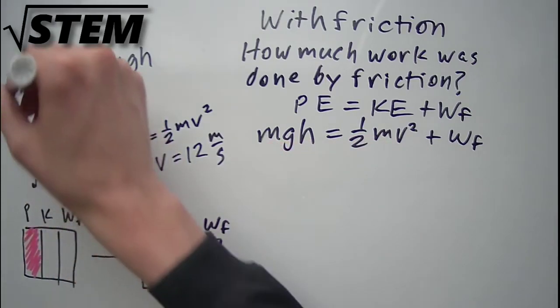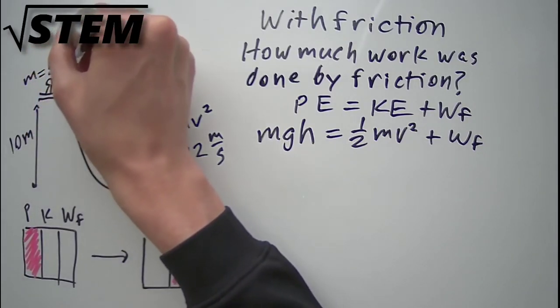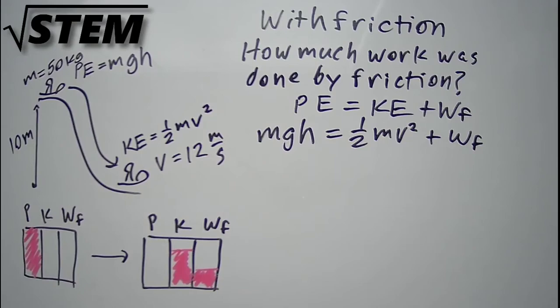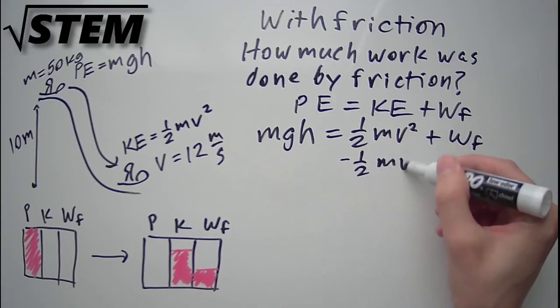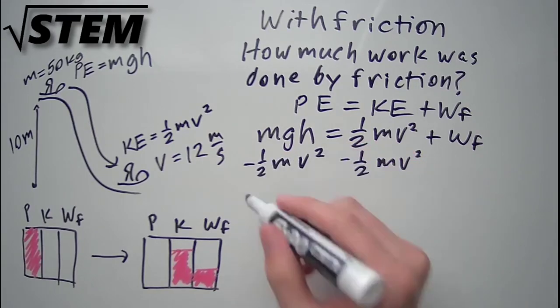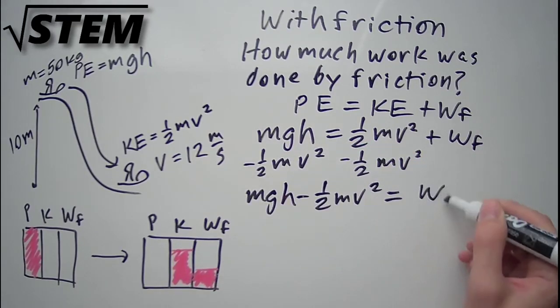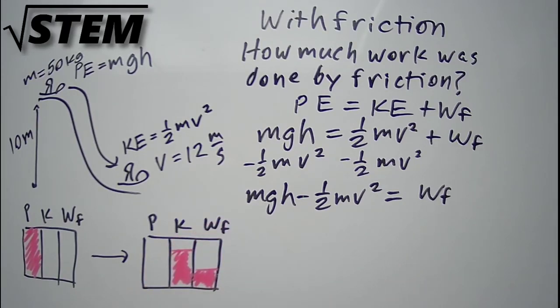So why don't we assume that our mass is 50 kilograms. Now if we do some algebra to get this by itself, all we need to do is subtract 1/2 mv squared from both sides. So that was pretty simple. I guess we can go ahead and plug in our numbers to see how much we get.